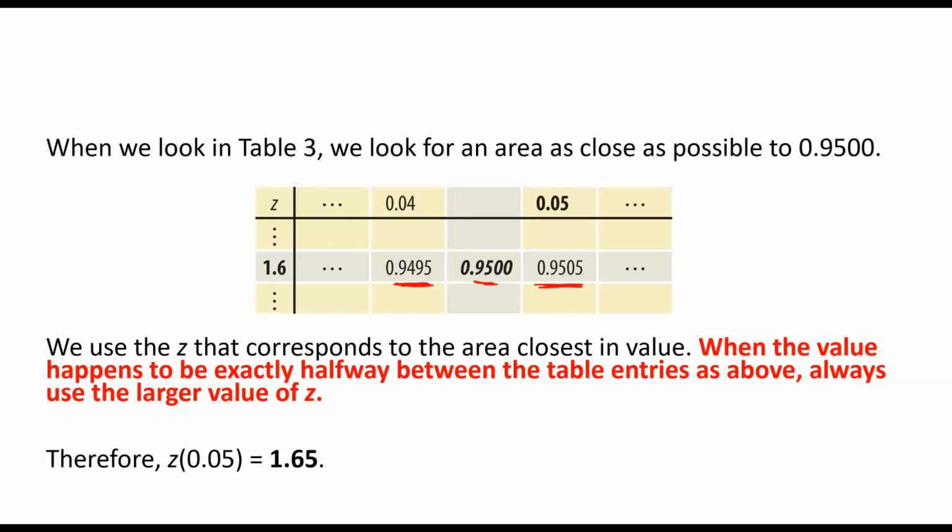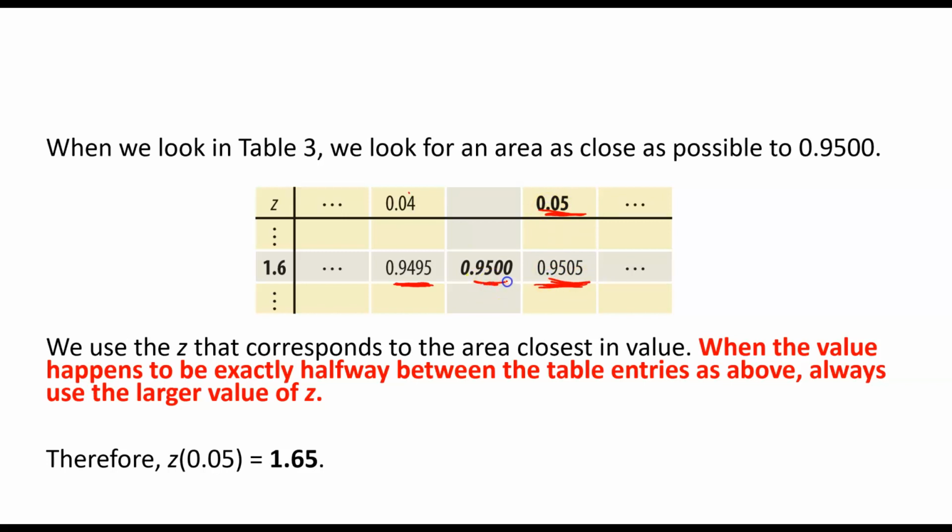One is 0.0005 lower and one is 0.0005 greater. So when this happens and they're at this exact even split, use the most extreme value. Sometimes you might say the higher, but if you're in the negative, you want to go to the more negative. So instead of choosing 1.64, we will use 1.65 because that's the most extreme, okay?